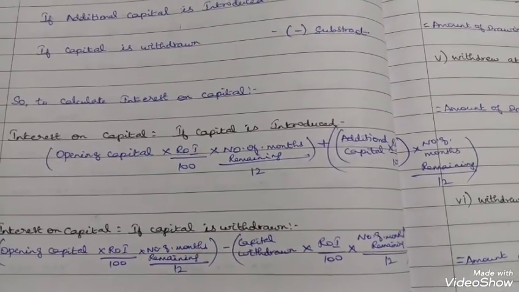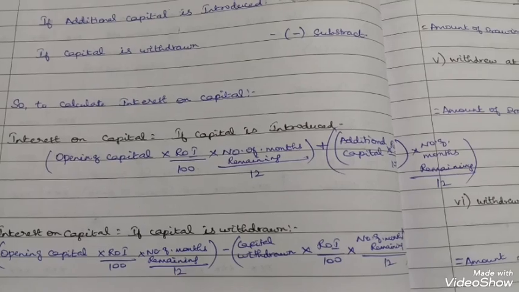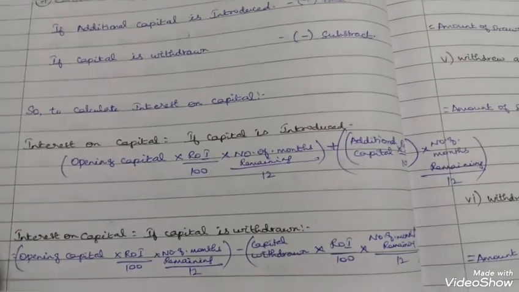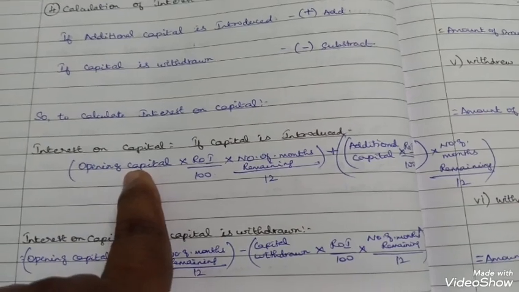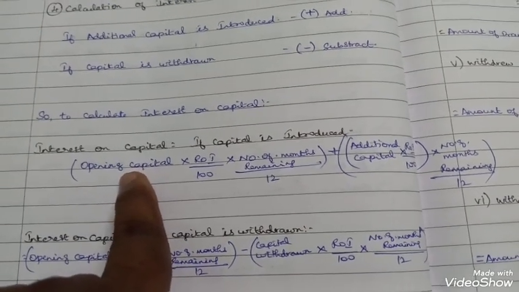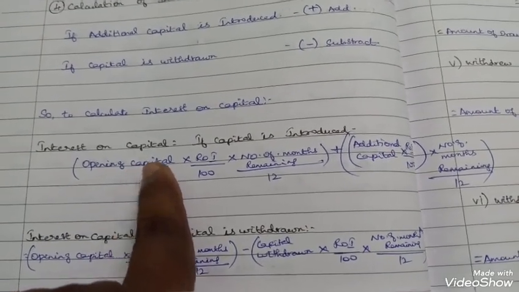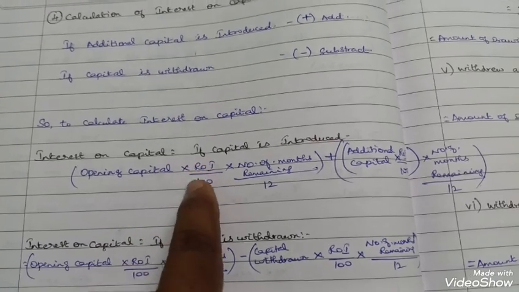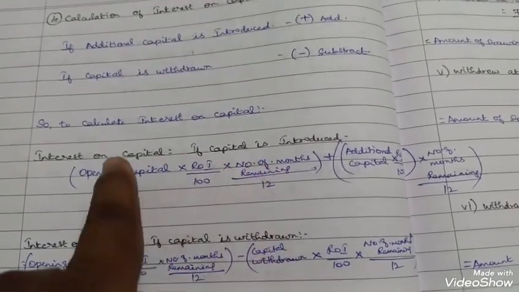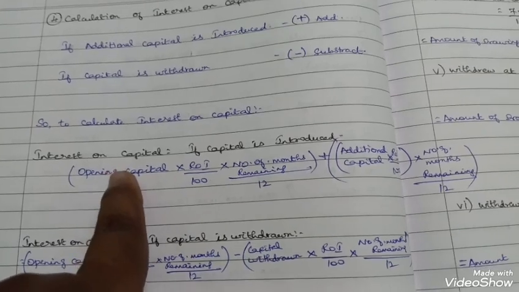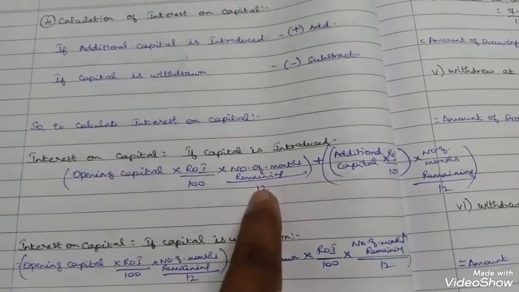Interest on capital formula is equal to the partner's name, you write it, then opening capital. Opening capital mostly they would have given in the April date only. So opening April date. So opening capital into rate of interest by 100 into number of months remaining, mostly it will be 12 if the opening capital date is April. So 12 by 12.